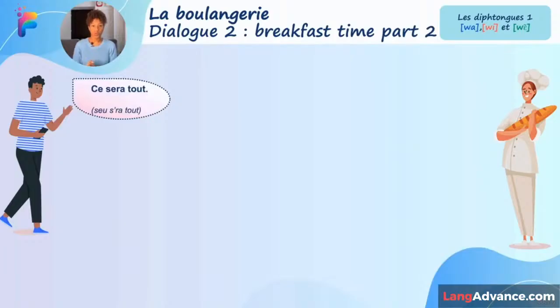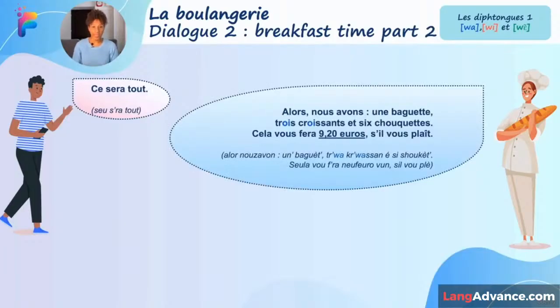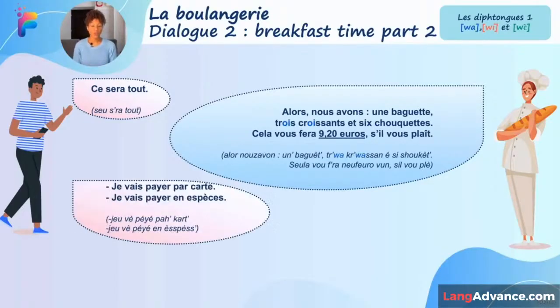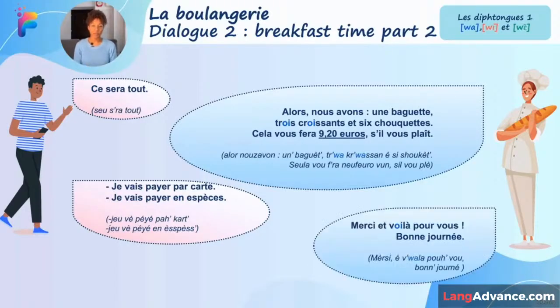Ce sera tout. Alors, nous avons une baguette, 3 croissants et 6 chouquettes. Cela vous fera 9,20 €, s'il vous plaît. Je vais payer par carte, je vais payer en espèces. Merci. Et voilà pour vous. Bonne journée. Merci. À vous aussi.